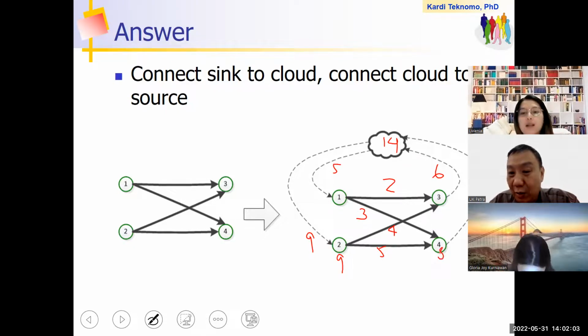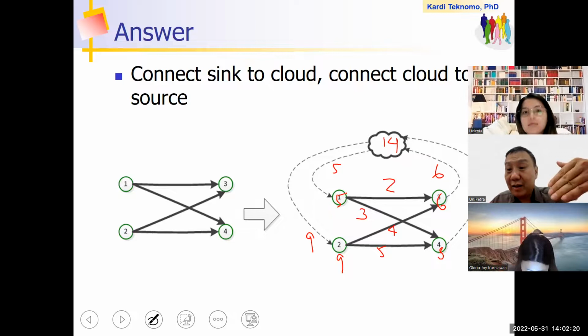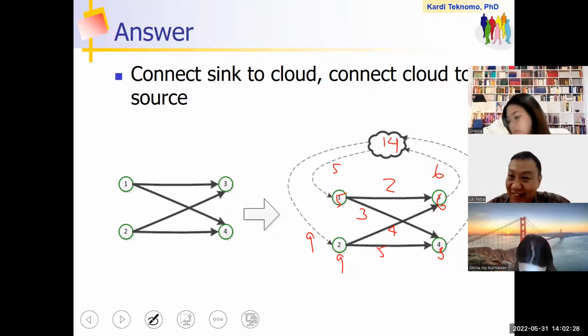How about the node value in node 3? 2 plus 4, so this must be 6. Node value in node 1? 5, 2 plus 3. So the sum in equals the sum out. Total flow in equals total flow out. That is the node value. Is it clear or not?